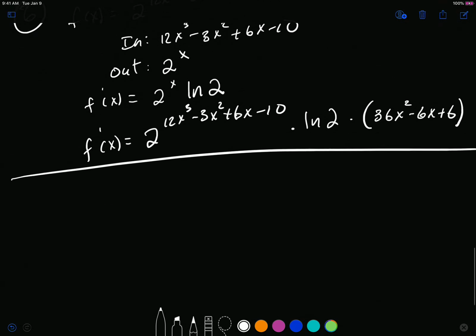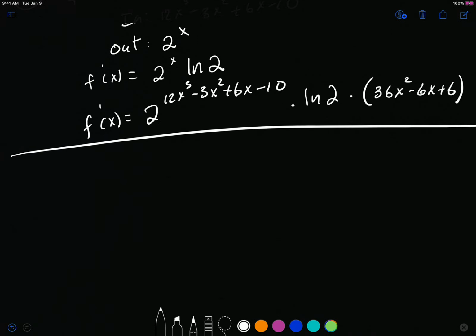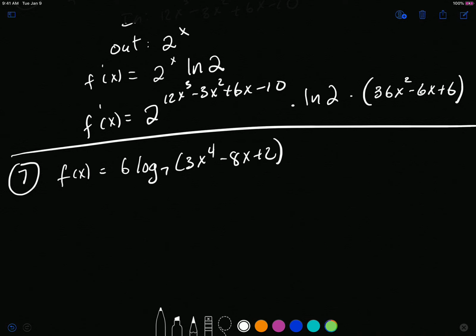Number 7. f of x equals 6 log base 7 of 3x to the fourth minus 8x plus 2. The inside function is 3x to the fourth minus 8x plus 2.